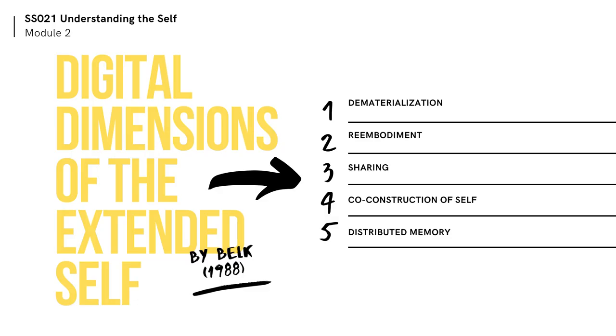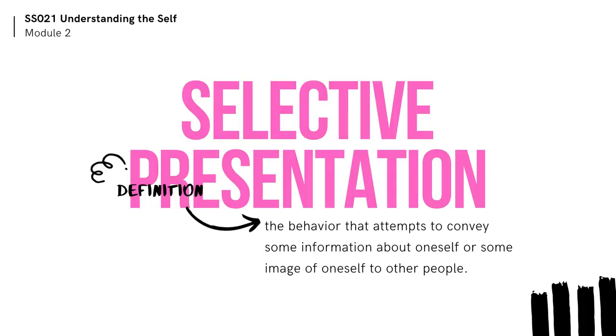So an example of this would be Facebook memories. So the things you have posted, the things you did throughout the month, they create a recap for you or even give you the memories for the past years. So that is an example of distributed memory.